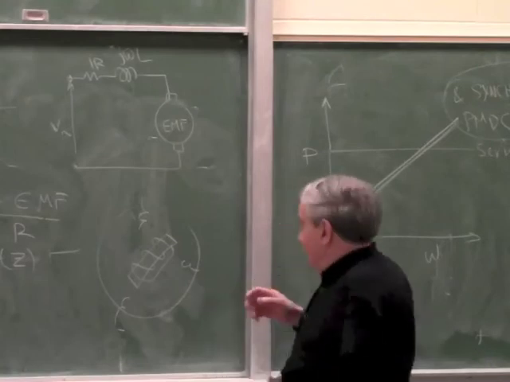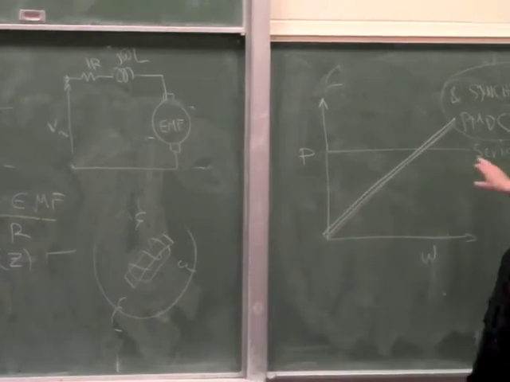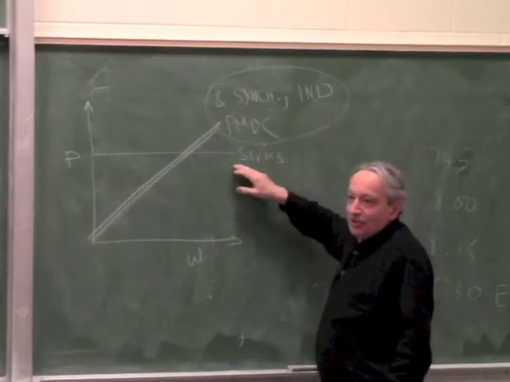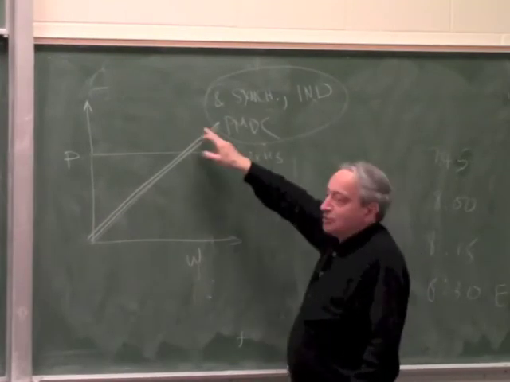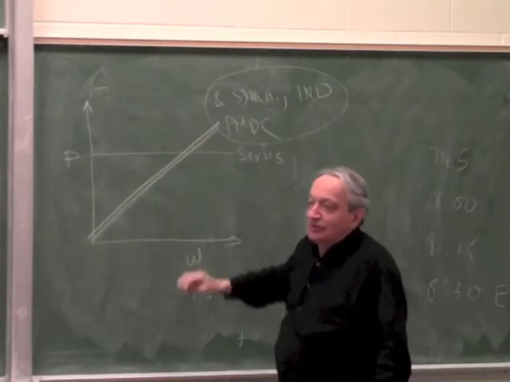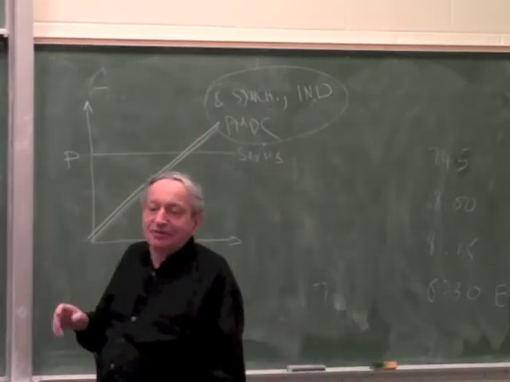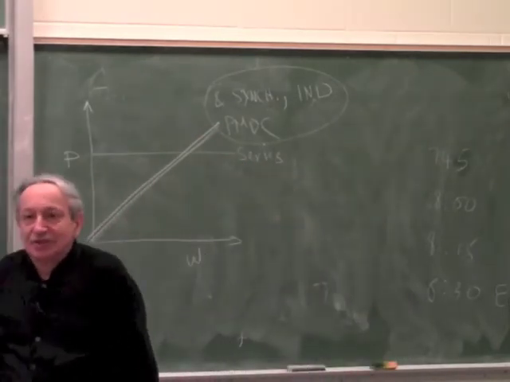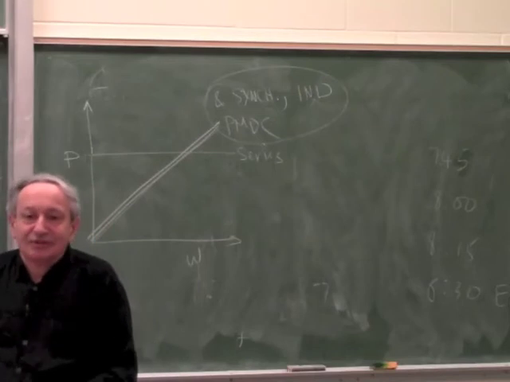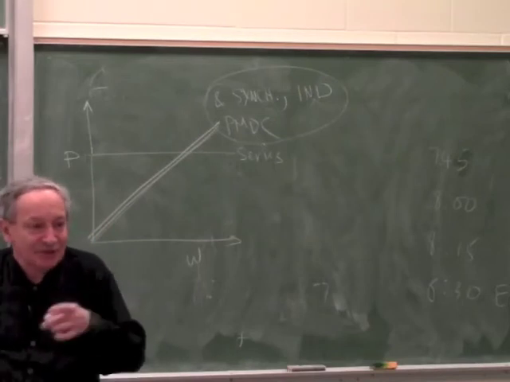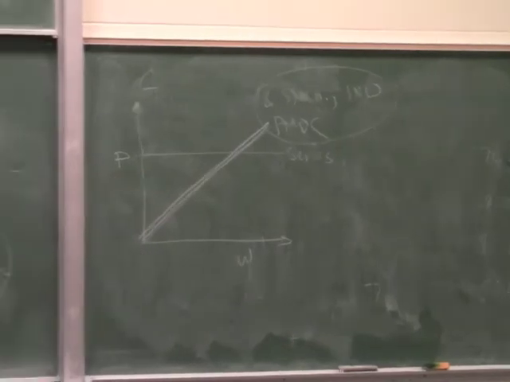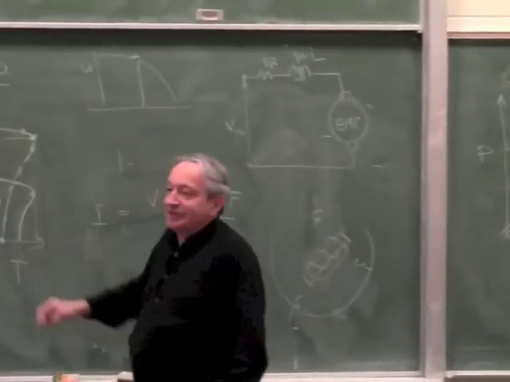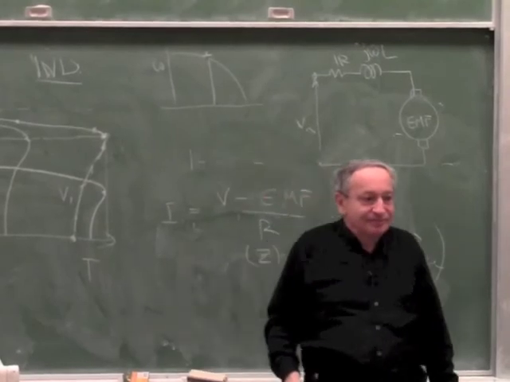So in spite of this wonderful characteristic of series wound, all electric cars, except the very old ones, use an induction motor. Now the reason they have to use an induction motor and not a synchronous motor is just a synchronous motor would not start. You have to start very slow to keep it in lock. And an induction motor will start from 0 speed and ramp up to the right speed. Okay?